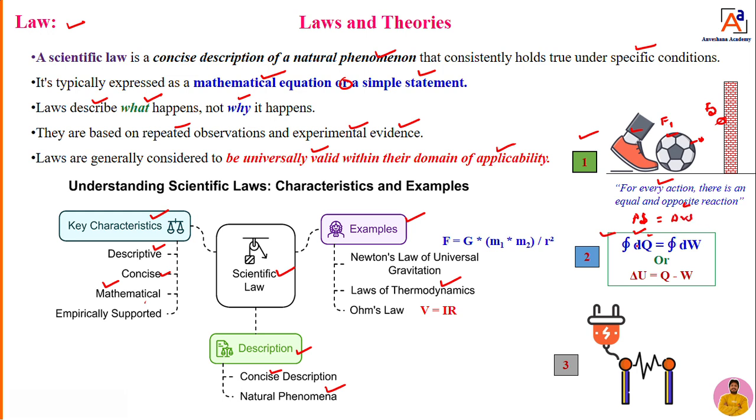I repeat, the first law of thermodynamics tells that the amount of heat supplied is equal to the amount of work done. That statement is a concise and simple statement about an event, which is nothing but transferring heat from one part to another part. That can be expressed with the help of an equation: cyclic integration of dQ is equal to cyclic integration of dW.